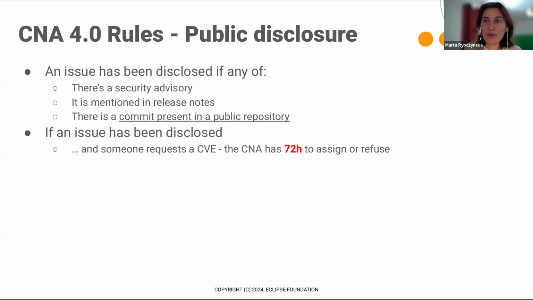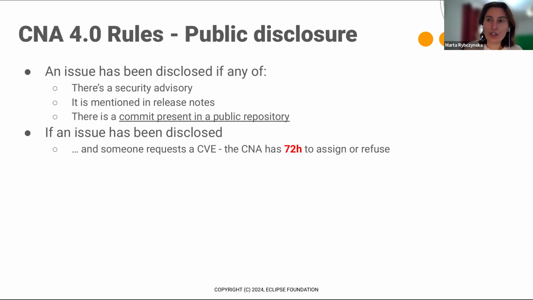Now, there have been a few clarifications about public disclosure. What it means, public disclosure, is a pretty important definition. Of course, a public disclosure is if there's a public advisory, blog post, or something else about the vulnerability.